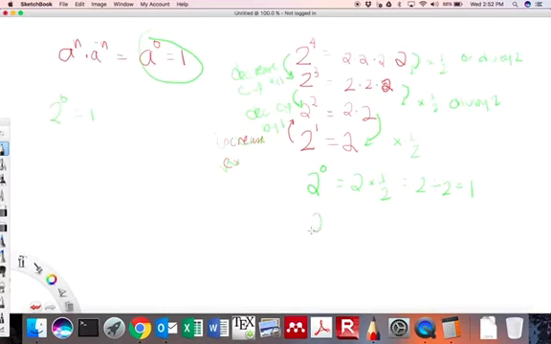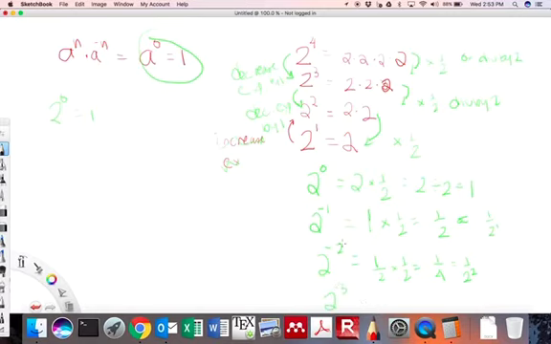Well, let's keep going and see what happens. 0 take away 1 is negative 1. 1 times 1/2 is 1/2, or 1 over 2 to the first power. 2 to the negative second is 1/2 times 1/2, which is 1/4, which is 1 over 2 to the second.